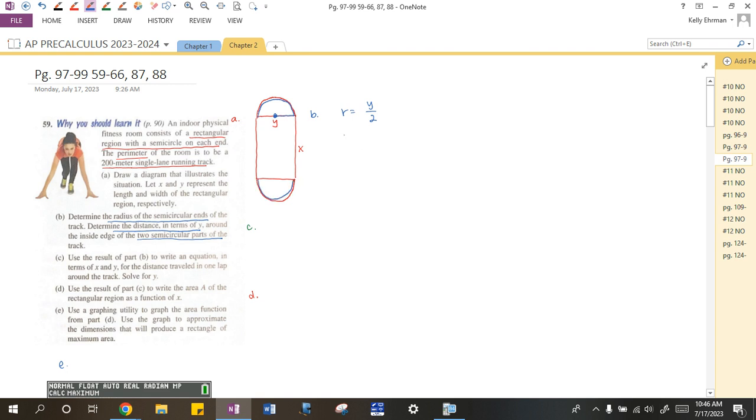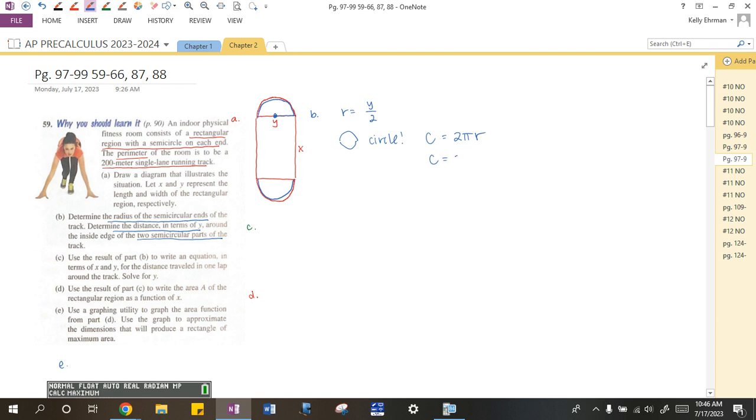So if I put two semicircle distances together, I get a full circle. And the distance around a circle is circumference. And the formula for circumference is 2 pi r, or it's also pi times diameter. Either way. Since we have r, I'll do 2 pi r.